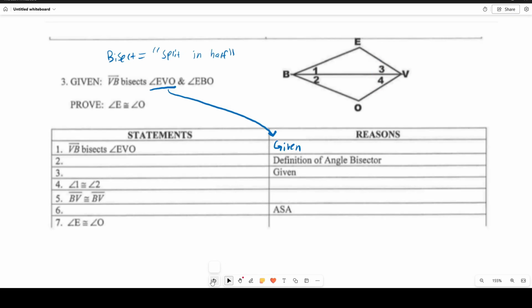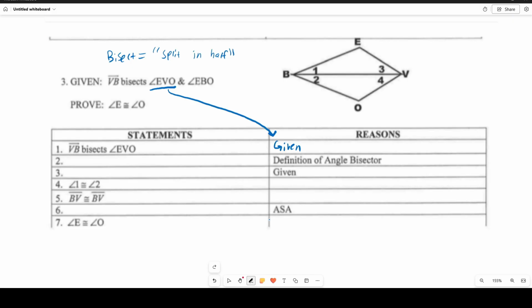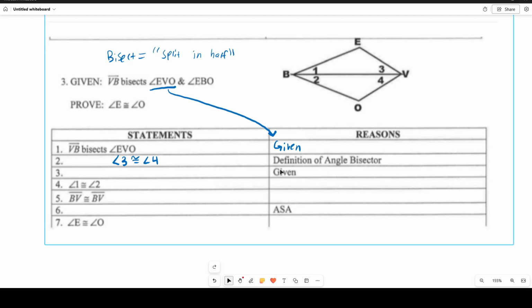So if we split EVO in half, then angle 3 is going to be the same as angle 4 because we split them in half in two equal parts. So we write angle 3 is congruent to angle 4. And that is by the definition of an angle bisector, because if we split it in half, then they're going to be equal.